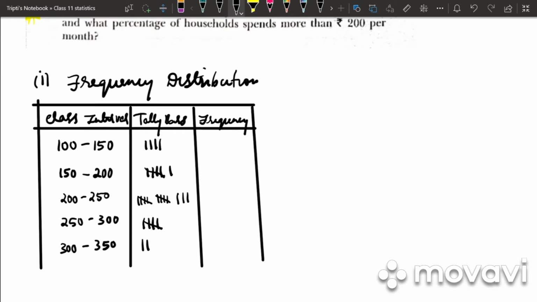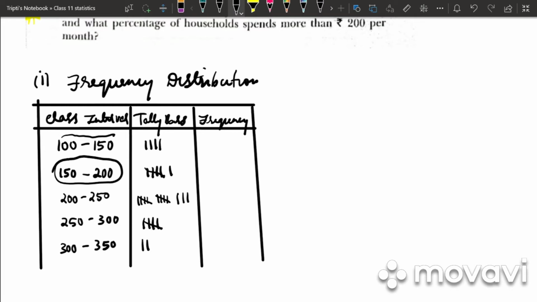Say if it is 120, it will lie between 100 to 150. When it is 150, you will be seeing the class interval where it is 150 to 200 and not 100 to 150, because we always include the number in the lower class limit.